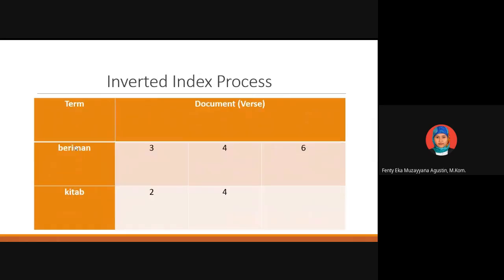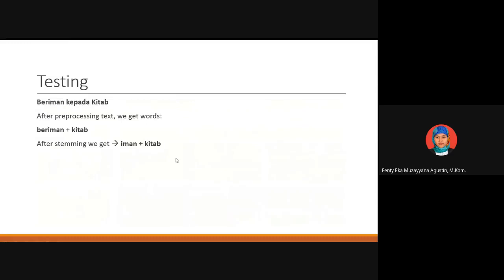This is the inverted index process. We test the query "beriman kepada kitab." After preprocessing, we only get two words, beriman and kitab. After stemming, we get iman and kitab.